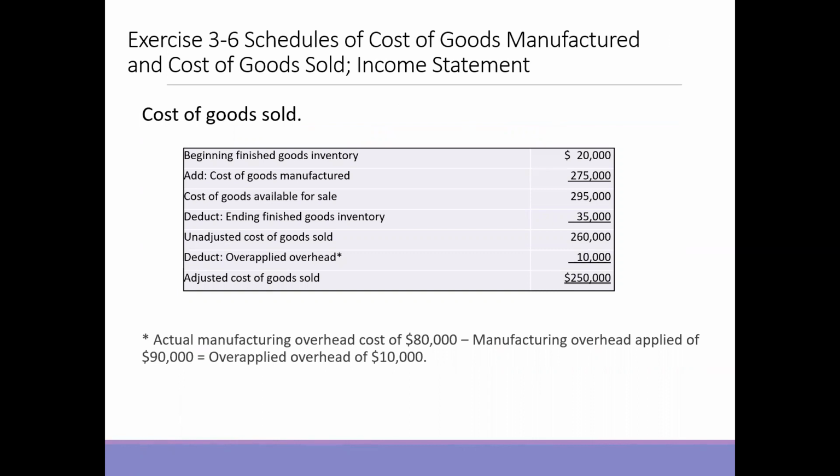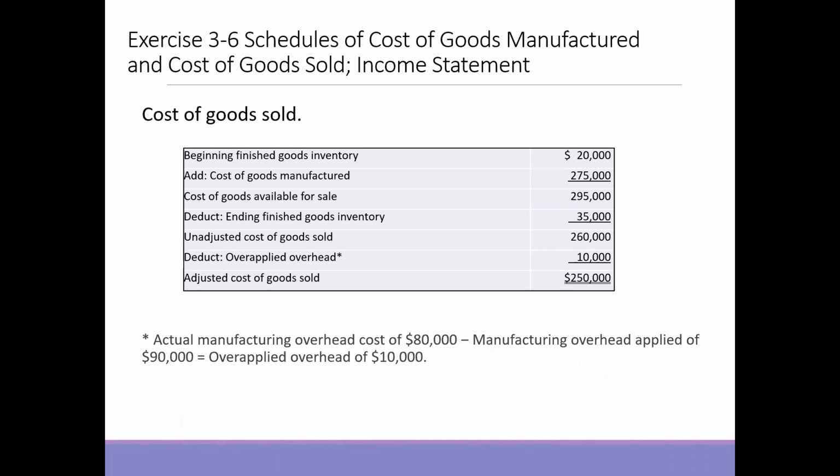So cost of goods available for sale is 295. We know our ending finished goods inventory was 35. So technically our cost of goods sold is 260.